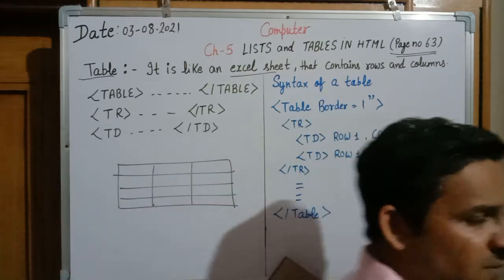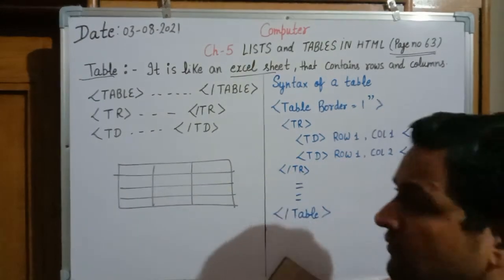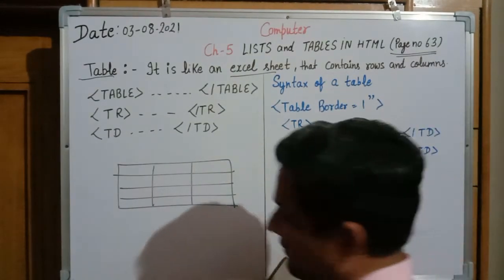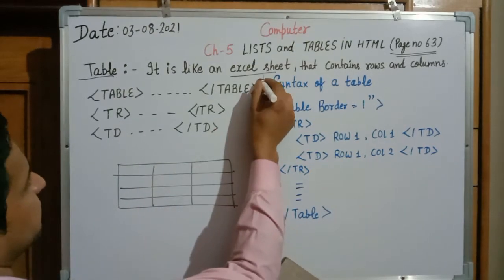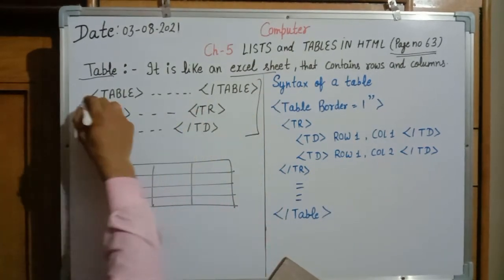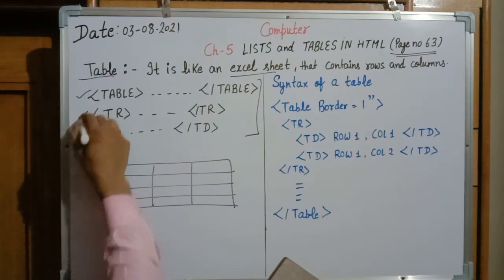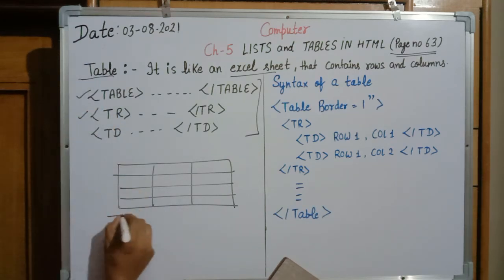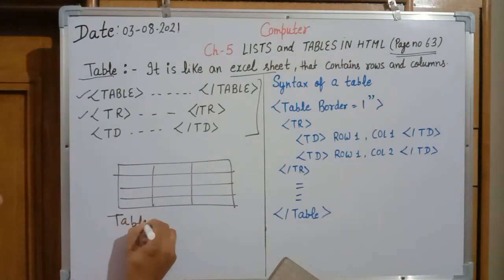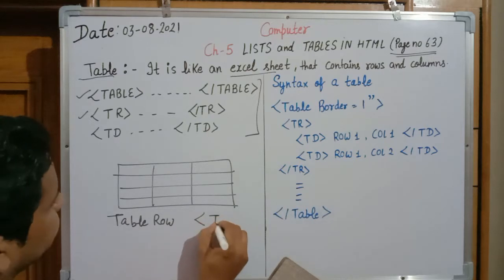So how to create a table in HTML? To create a table in HTML, we can use three types of tags. The first tag, the major tag, is the table tag. The second tag is tr. Tr means table row. When you are creating a new row, that is tr.